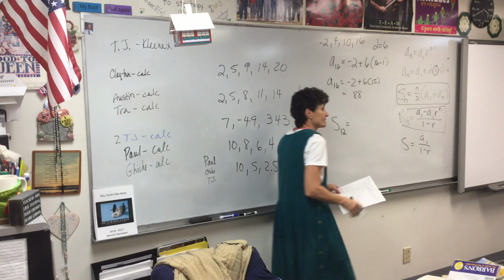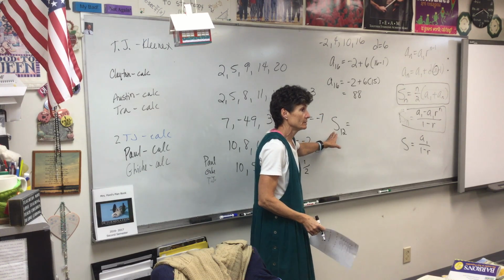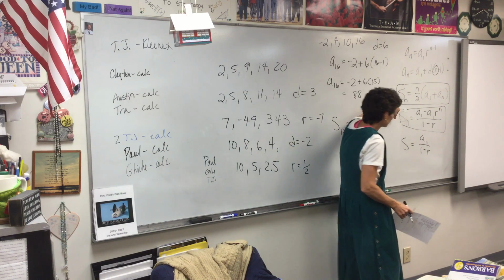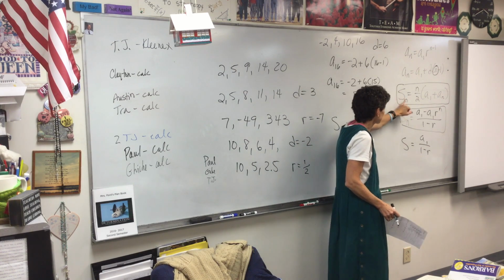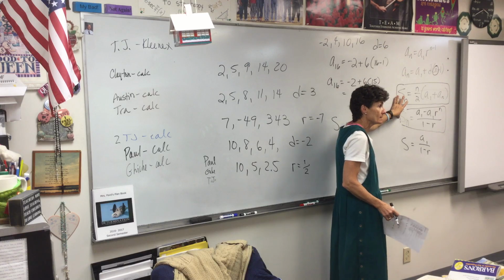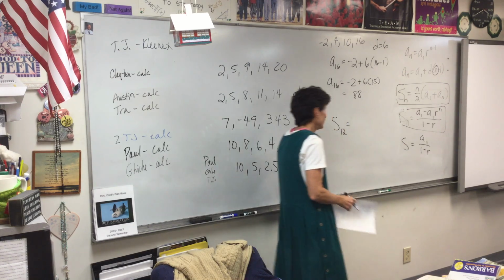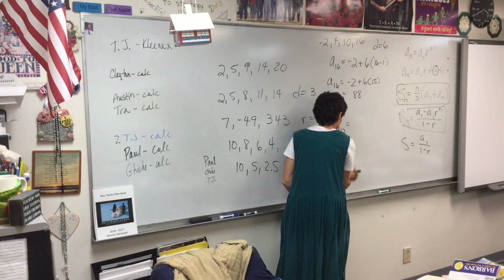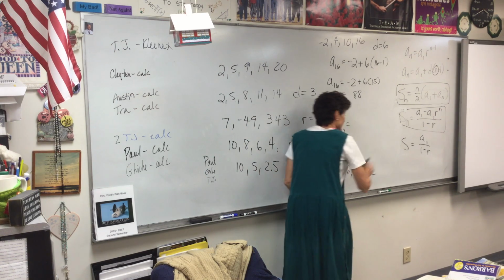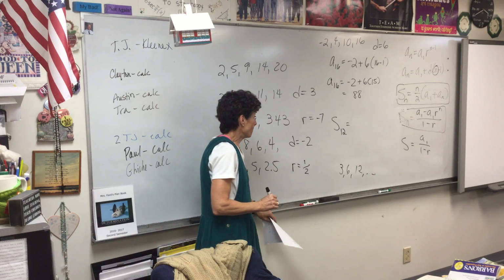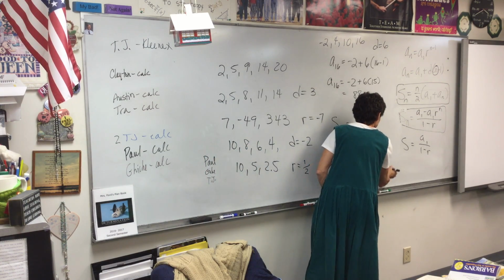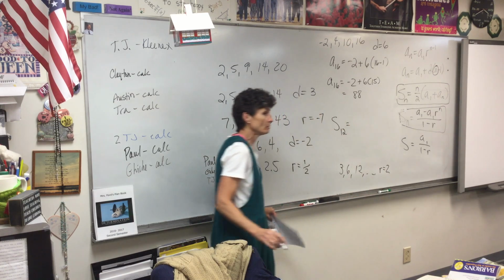All right, number 3. We're finding the sum of 12. These are the S sub 12 formulas. How do I know which one to use? My sequence is multiplying by 2, so it's geometric, and the ratio is 2.